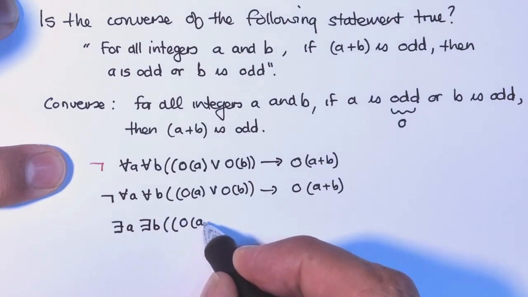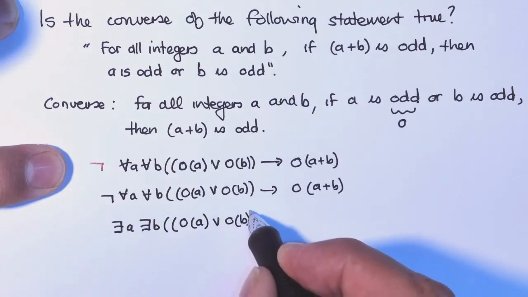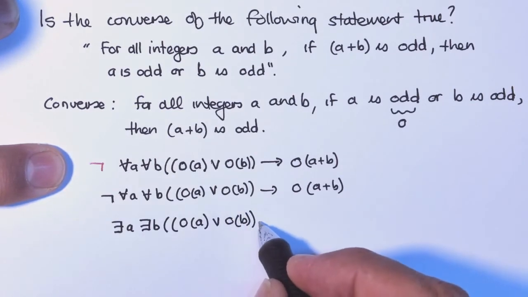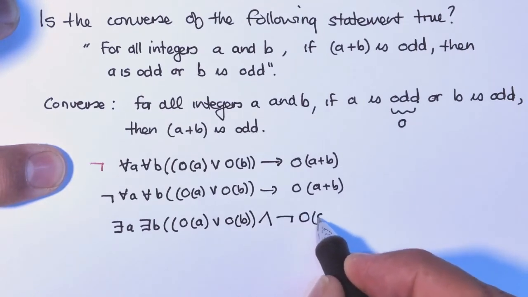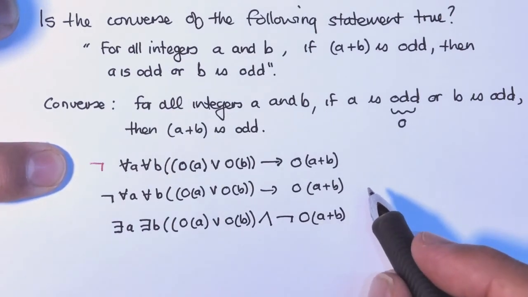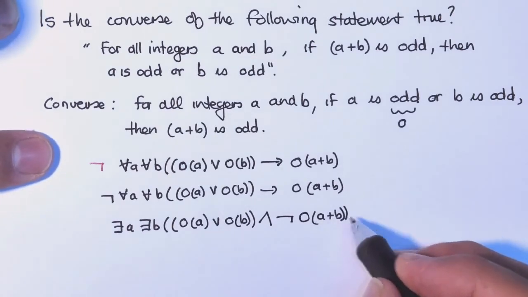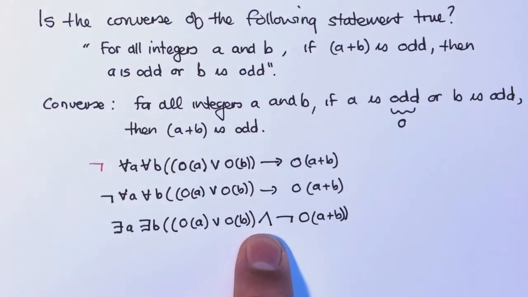so that a is odd or b is odd, and not odd for a plus b. Now remember, what are we doing? We are changing a conditional statement into a conjunction. Remember what we learned earlier on? We learned in our previous chapter that this is possible.